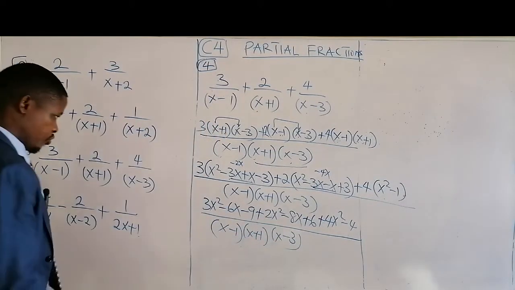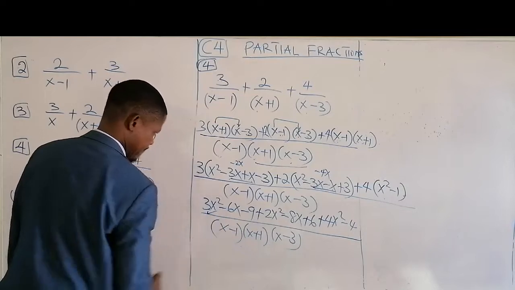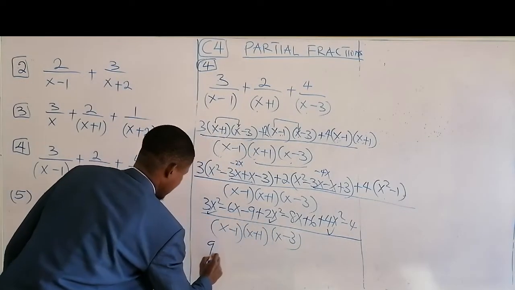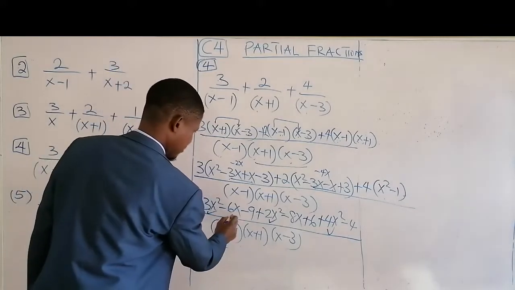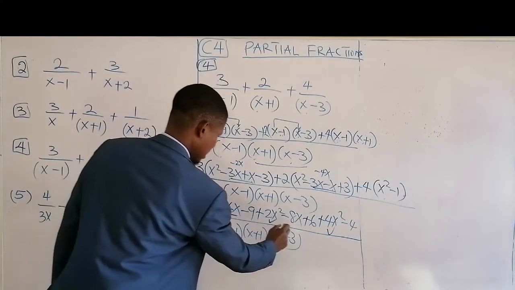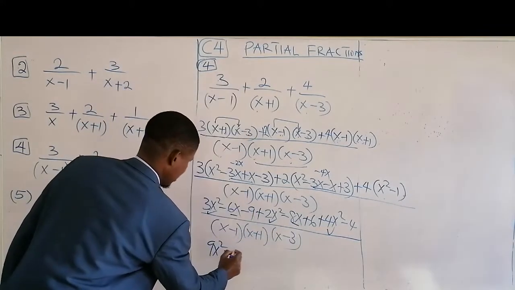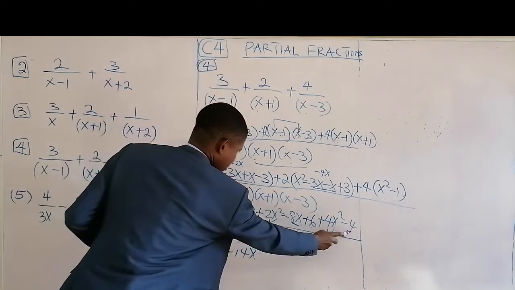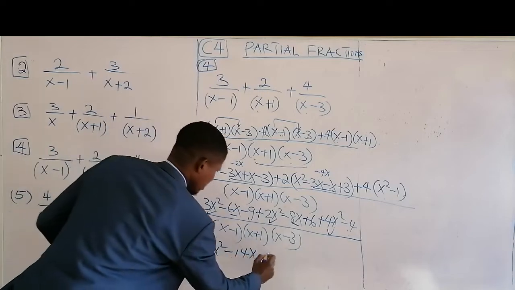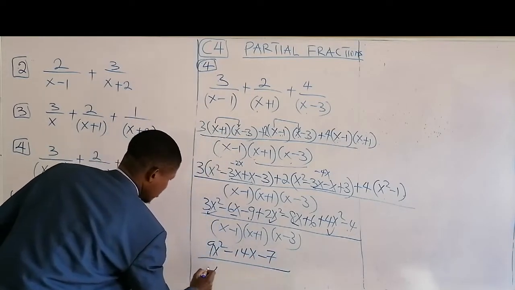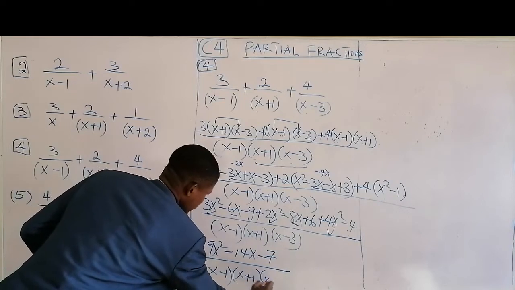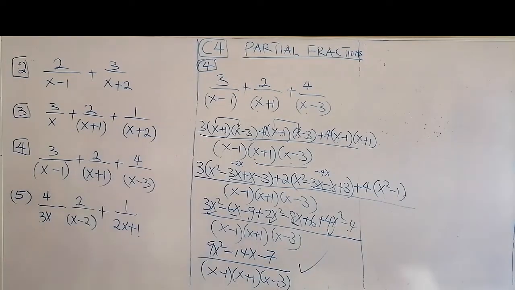So we can pull together: 3x squared is here, another this one, that's making 5, plus this making 9x squared. Minus 6x here, minus this, that's minus 14x. Minus 9 plus 6 and minus 4, that's minus 7, all over x minus 1, x plus 1, x minus 3. That's that on that question.